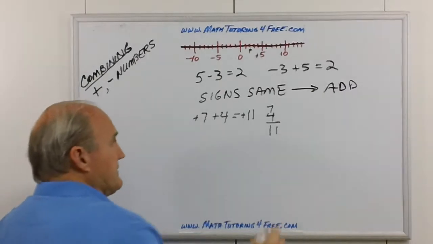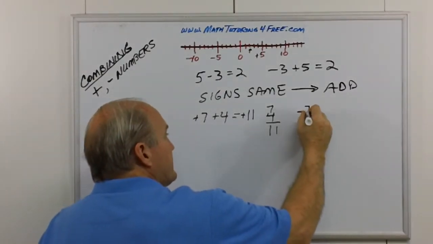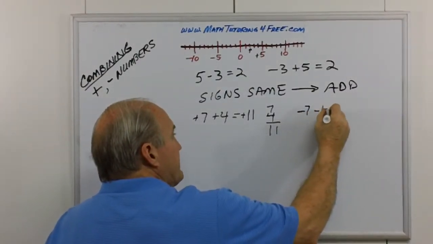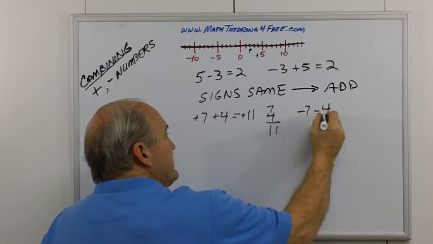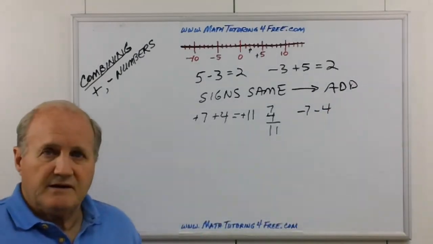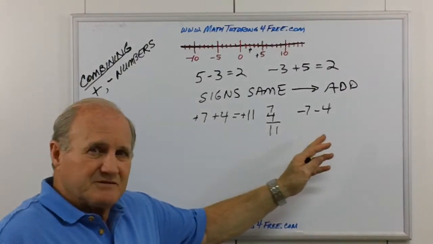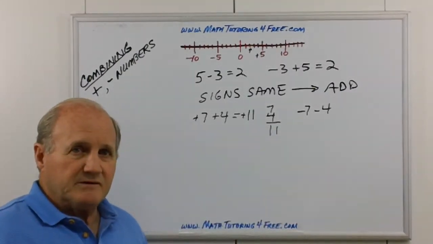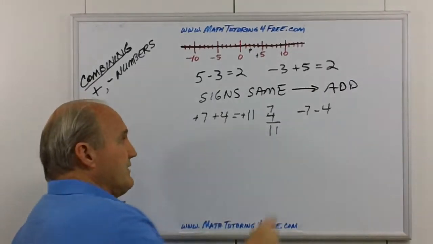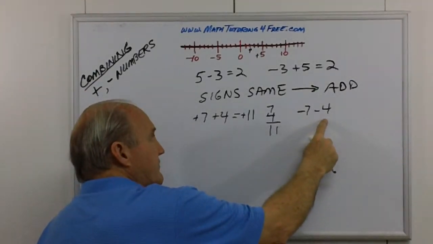And if we had the same thing, but instead of positives, they were negatives, we've got a negative 7 and a negative 4. And this is where they get confused and say, well, I'm subtracting 7, I'm subtracting 4. That can be a little confusing to them. But if they think, no, I have a negative 7 and a negative 4.